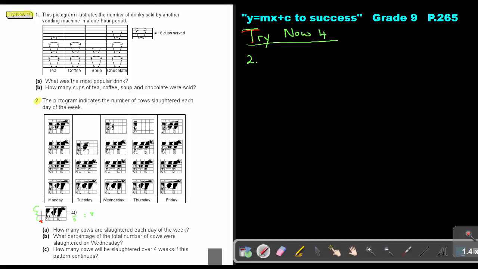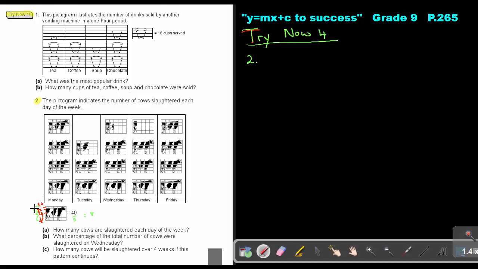Then 2 lines will represent 16. I'm counting in 8s: 8, 16, 24, and then I count again 8, so it's 32, and then the full picture will be 40.